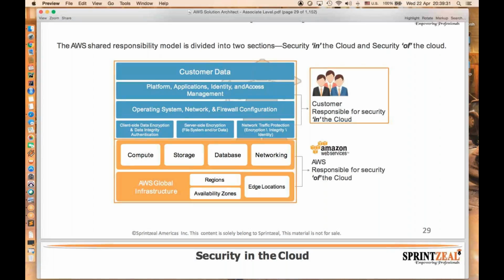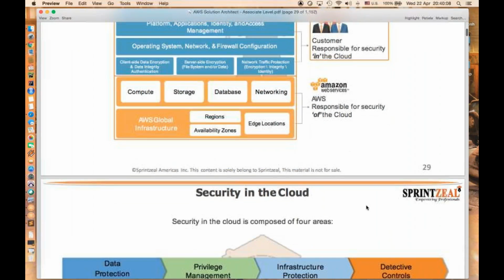So I have 3 different small data centers hosted in Singapore. Those 2 or 3 edge locations will become your availability zone, and that availability zone will be part of your region. So this is the superset, this is the subset, and edge locations are a subset of your availability zones. Hope I'm clear here. Yes, you are clear. Great, thank you.